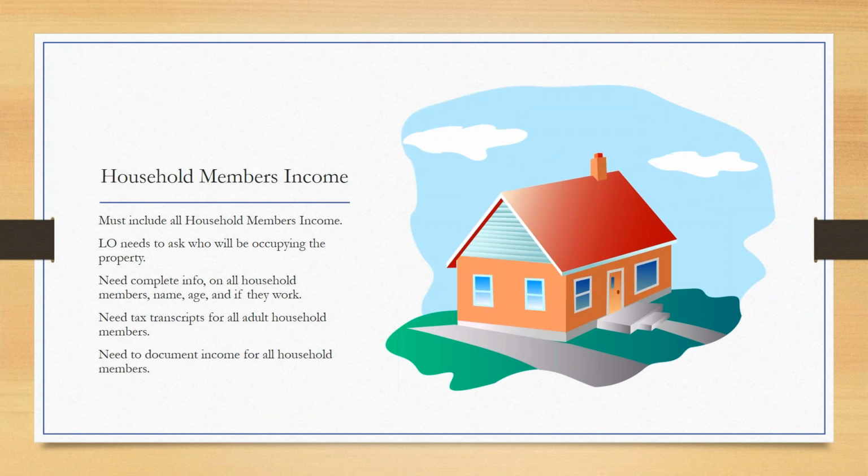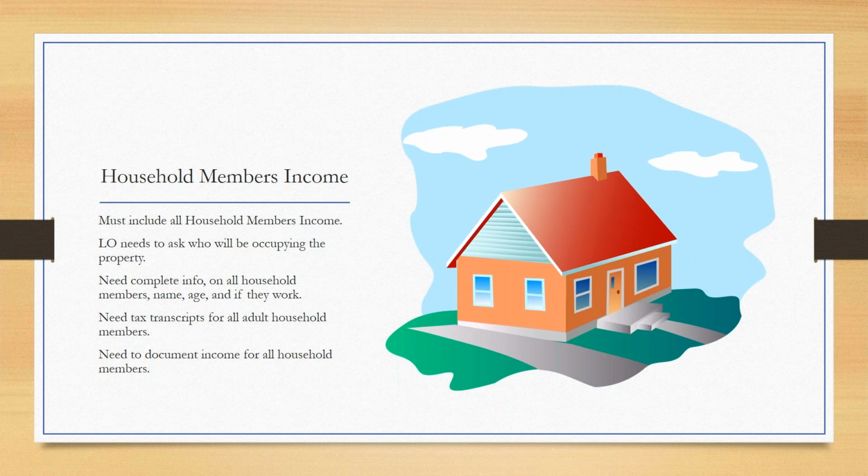So I said household members' income. That's going to include everybody who lives in the house. So it's key for the loan officer to ask, who lives in your house now? Who's going to live in your new house when you move? We need to identify all those people, including the minor dependents. So you'll need to list out all the children and their ages, anybody else occupying the property.